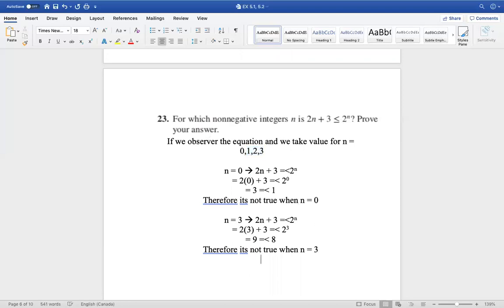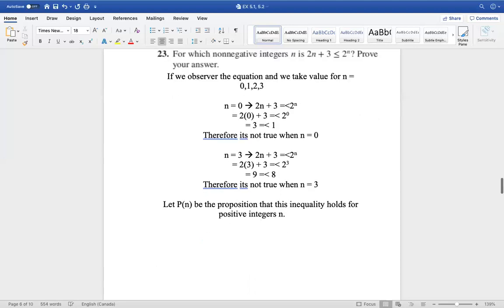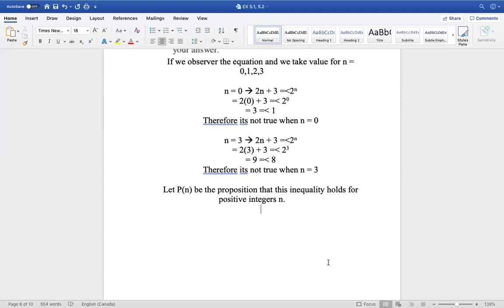Now we have to prove it. So let P(n) be the proposition that this inequality holds for positive integers n.